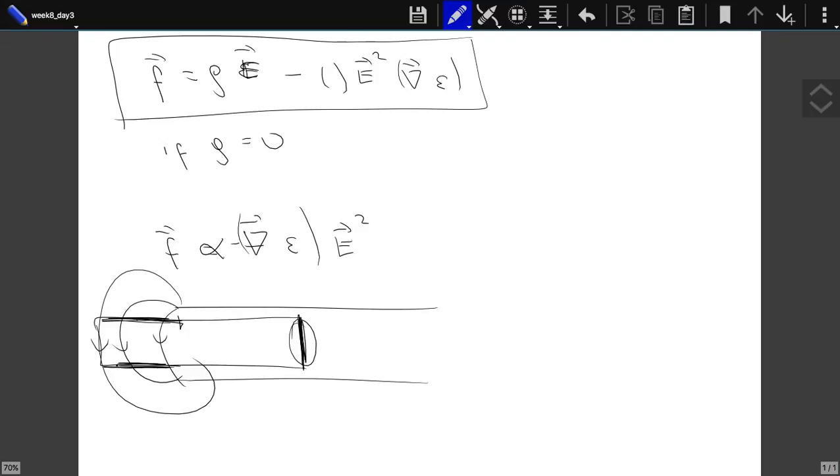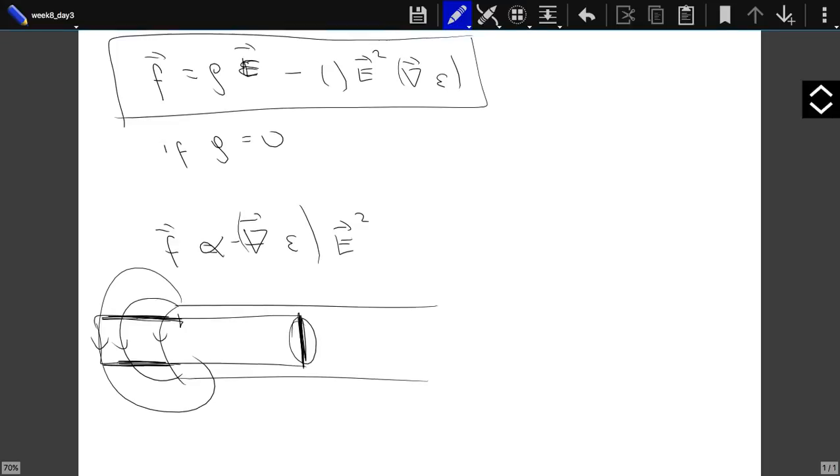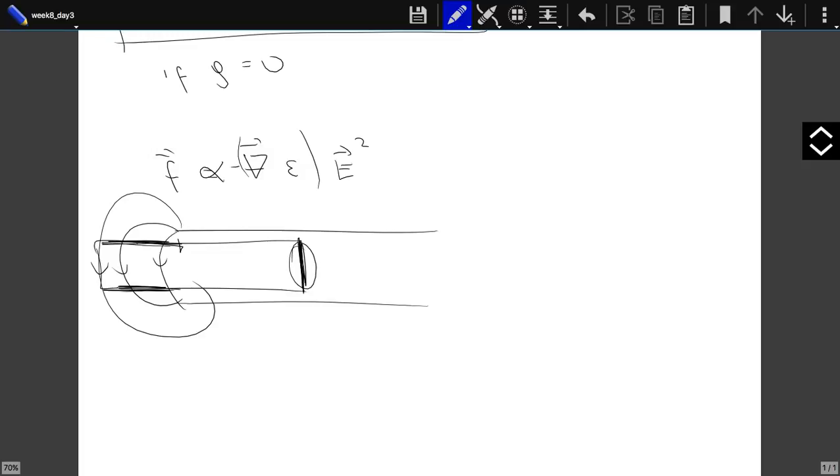Jackson is kind of the Bible of electrodynamics. Jackson completely avoids this problem. So I don't have a definite answer. I'm also curious to understand what's going on. So I will just skip that matter for the time being. And hopefully before the end of the semester, I will be able to find some answers. Or you will be able to find some answers.